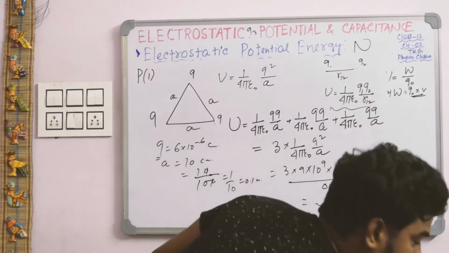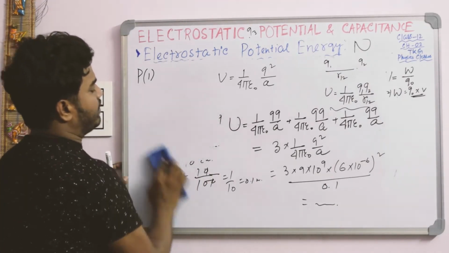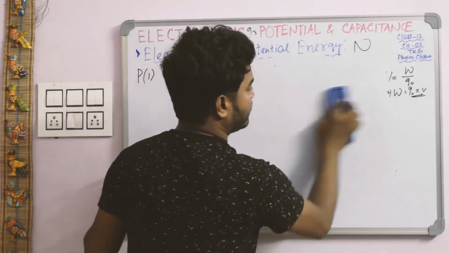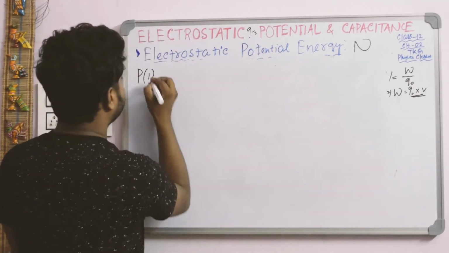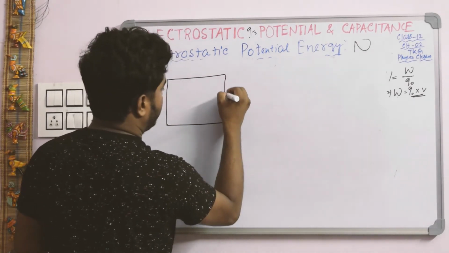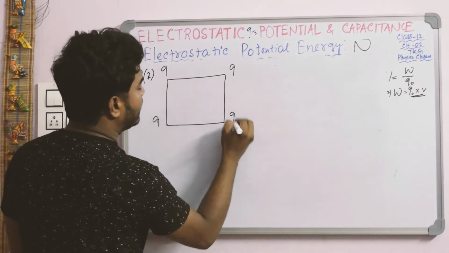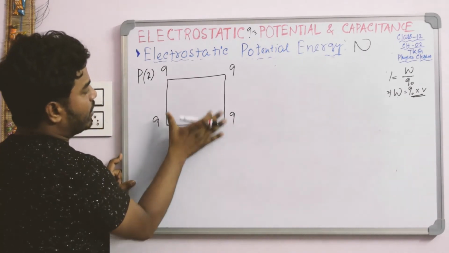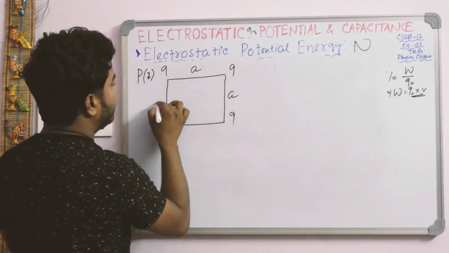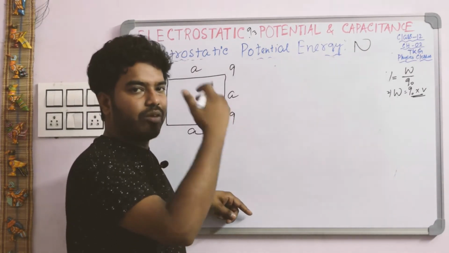Now let's take another example. Suppose there is a given question, we are given a configuration, there are 4 charges. 4 charges Q, Q, Q and Q are placed at the corners of a square, and the separation is given, suppose A, and you have to calculate the electrostatic potential energy for this configuration.